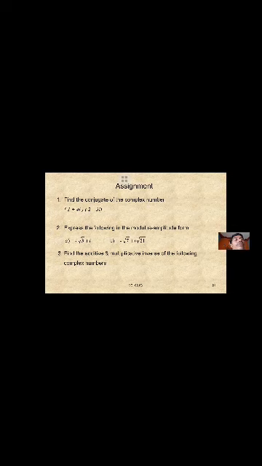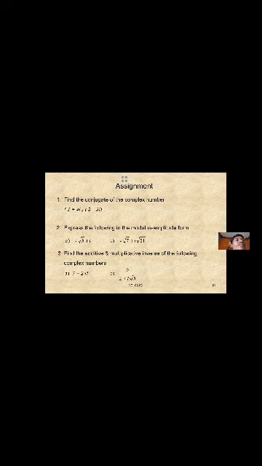Third one, find the additive and multiplicative inverse of the following complex numbers: a, 7 plus 24i, and b, 9 by 2 plus i root 5.